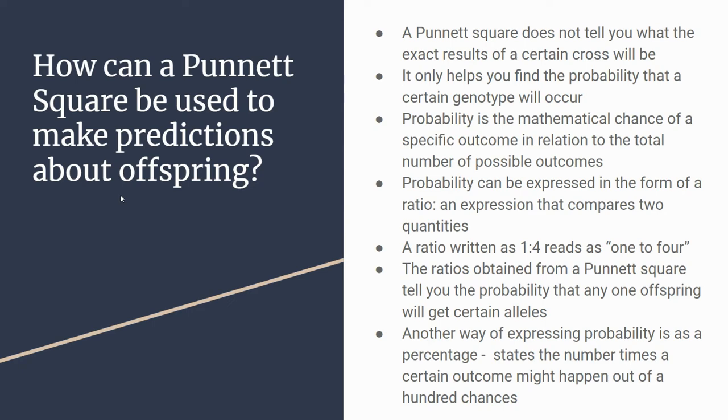Okay, it is not going to tell you the exact results. It is not going to tell you how many kids your parents have, how many kids you may have or your parents have are going to have blue eyes, okay, or brown eyes or whatever.